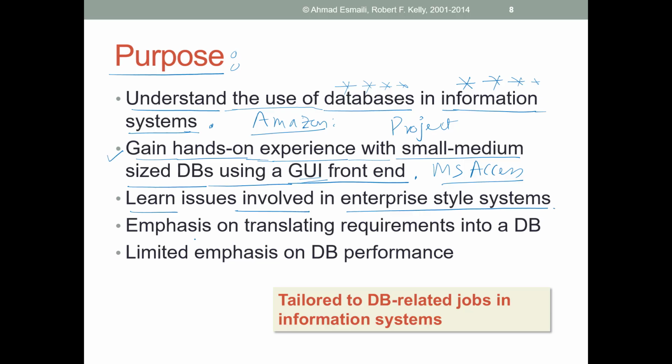We will start with the translation of the requirement into the database. All these things that we have here, like the emphasis on translating requirements into database, will be addressed in your project, right? When you work on the project, you will understand what we mean by translating requirements to the database.